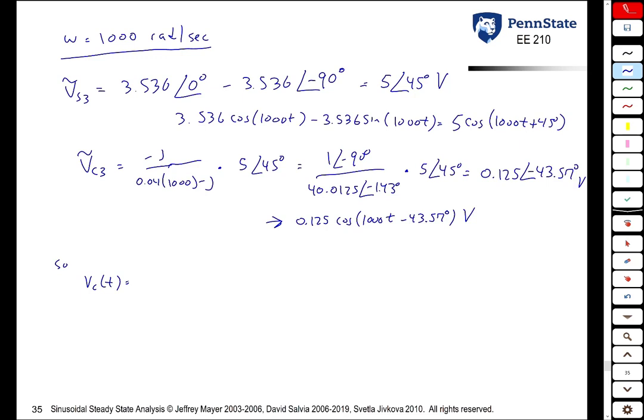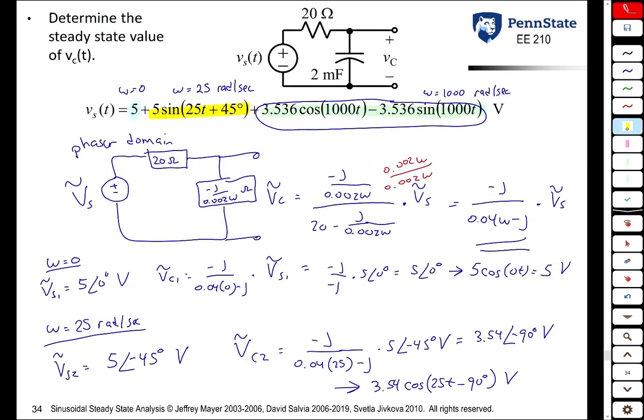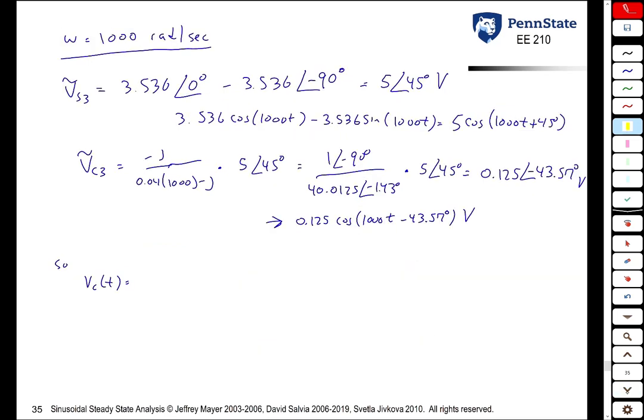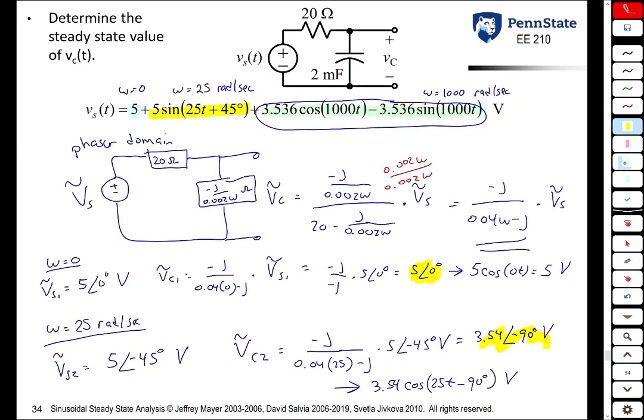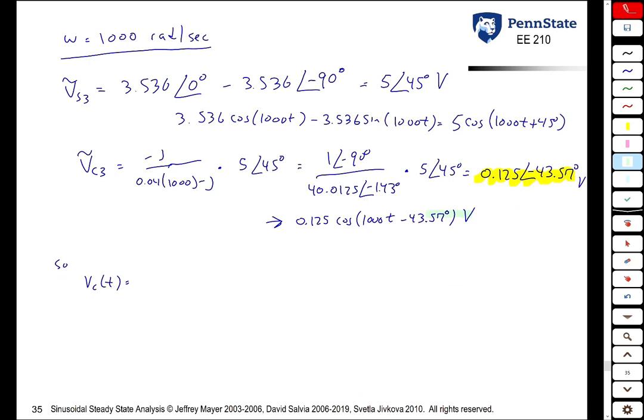So we can now put the answers together, but we're not adding this, this, and this together because those phasors each correspond to a different operating frequency. Instead, the terms we add together are the three time domain expressions.